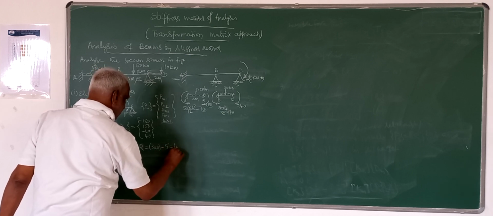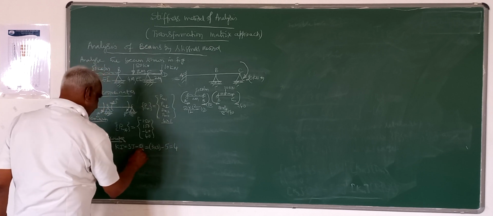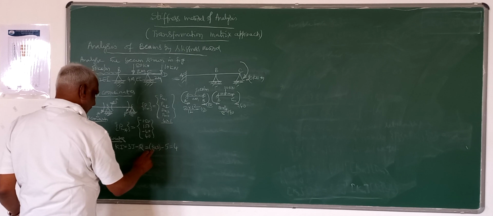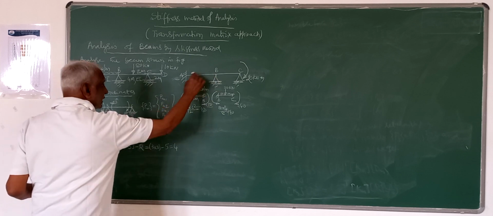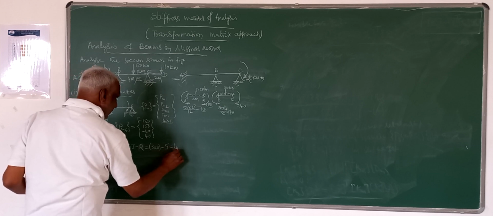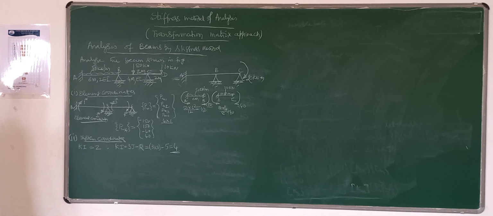So here, this is 3j minus r. That is 3 into 3. My number of joints is 3. 3 into 3, 9, minus r is 5. So it is 4. Kinematic indeterminacy is equal to 3j minus r, that is 4.